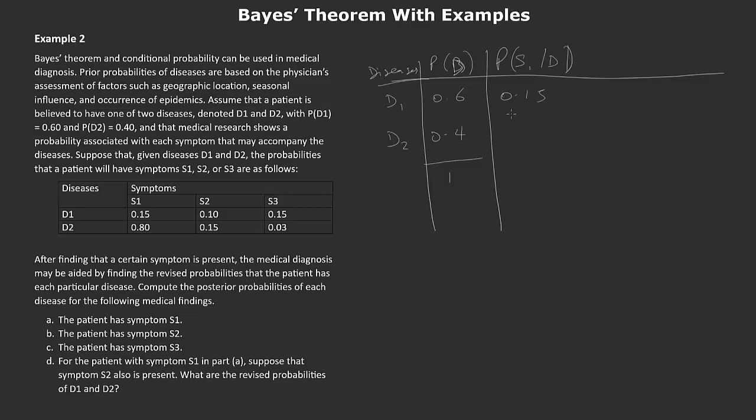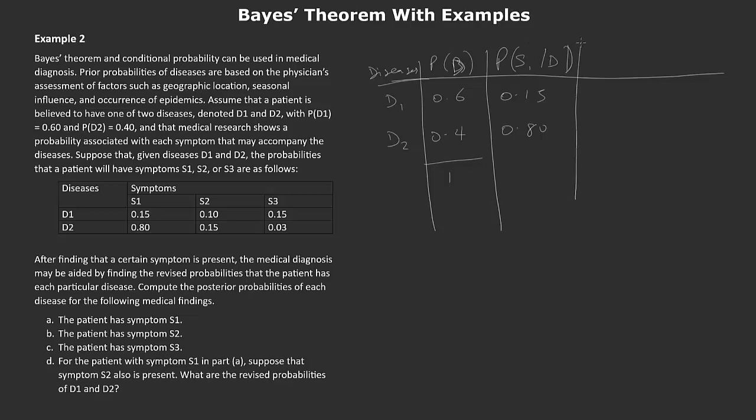Then for the second disease, the chance that a patient will experience symptom 2 is 0.80. So you can see this information as historical information. Maybe the hospital or research must have proven that whenever you have this disease, you have this given chance of experiencing that symptom, right? So that's what this likelihood data is all about.